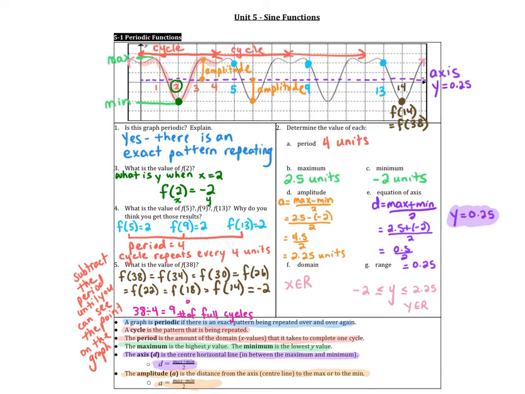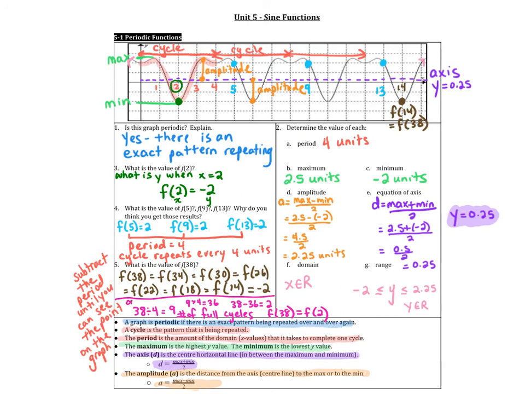So if there's 9 full cycles and each cycle is worth 4 units, that makes 36 units in total. And if you take 38 and subtract 36, you get 2. So that means f of 38 would also be equal to f of 2. And you can see f of 2 is also down here at -2. So that's just an optional way of doing this question.